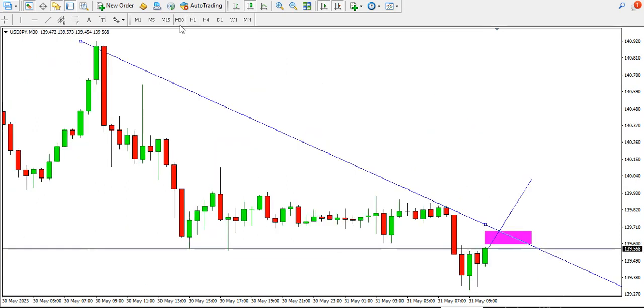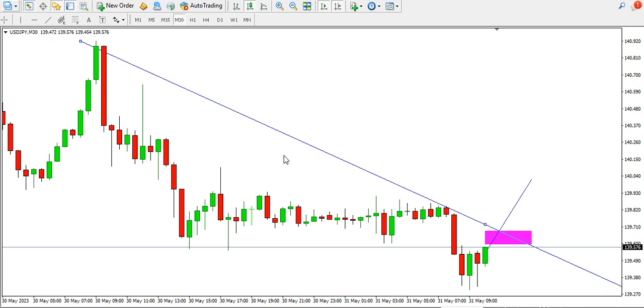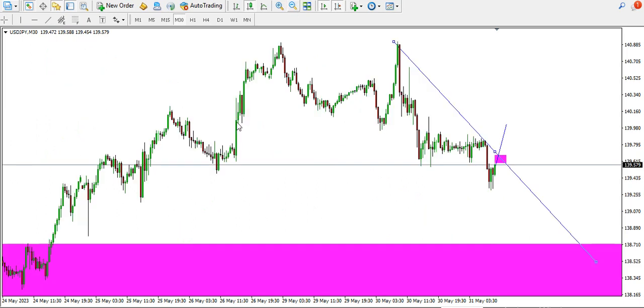Okay, on the 30 minutes time frame, we can see that the bears are still in charge, although what we have here is more like price reaction to a particular support on the 30 minute time frame.